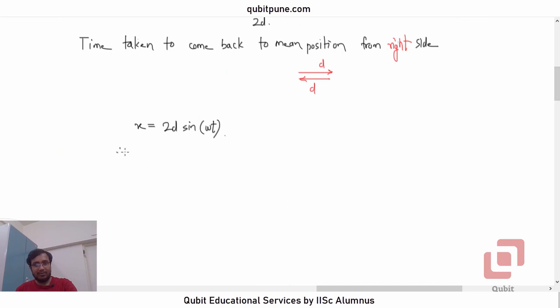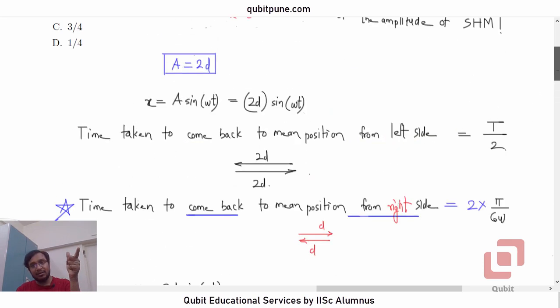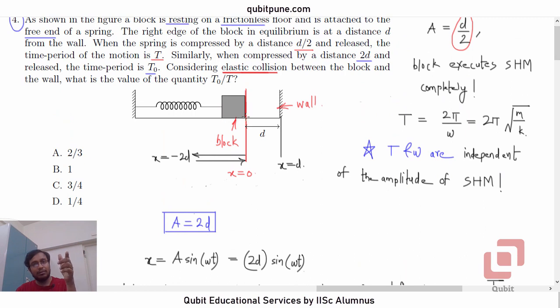So let us substitute x as d in 2d sine omega t. d goes, sine omega t is half, omega t is pi by 6, so t is pi by 6 omega. But the time taken to come back to mean position from right side must be 2 times pi by 6 omega, because pi by 6 omega is the time to reach the wall from the mean position.